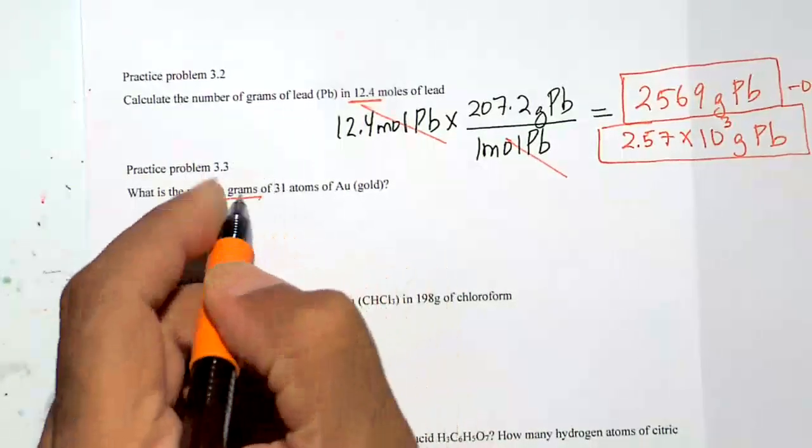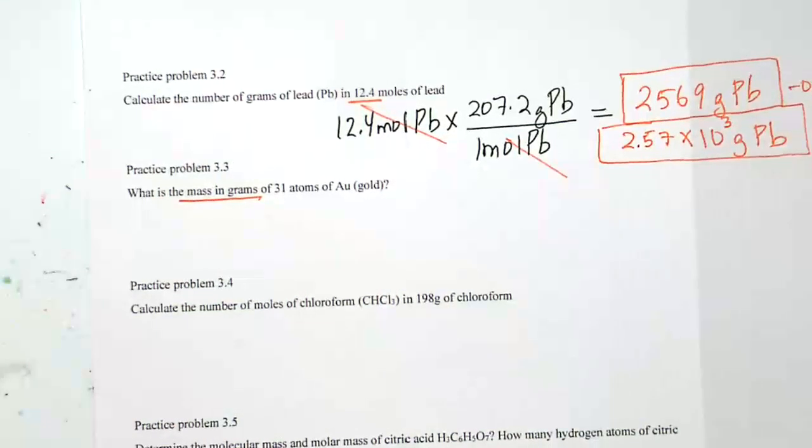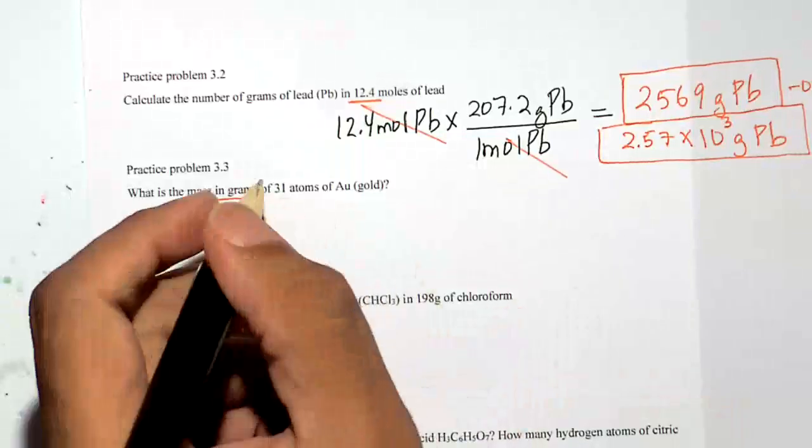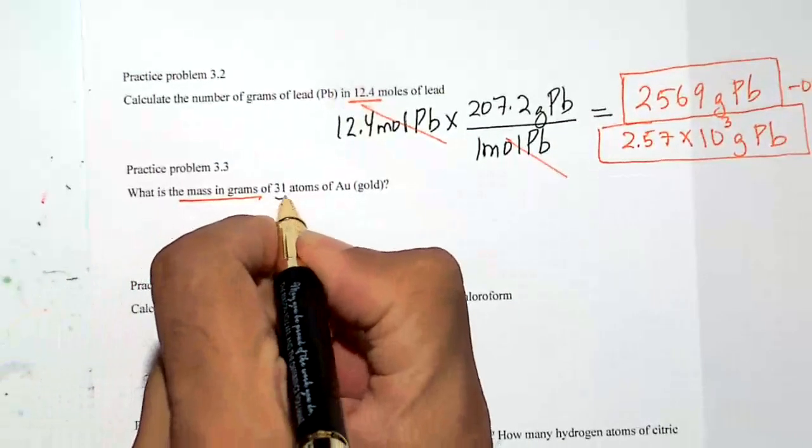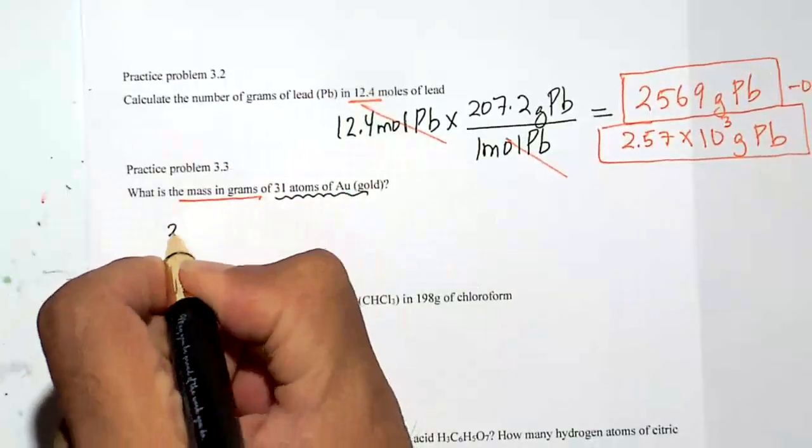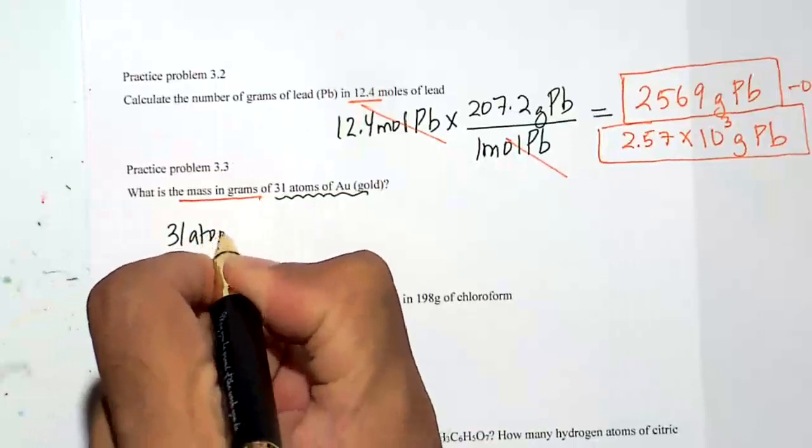What is the mass in grams of 31 atoms of gold? Okay, 31 atoms of gold. All right, so start with what we are given, which is 31 atoms of gold.